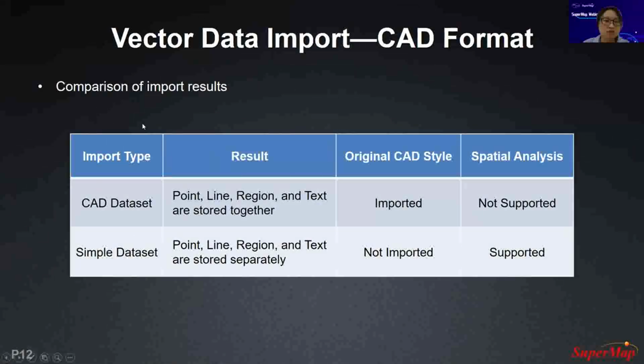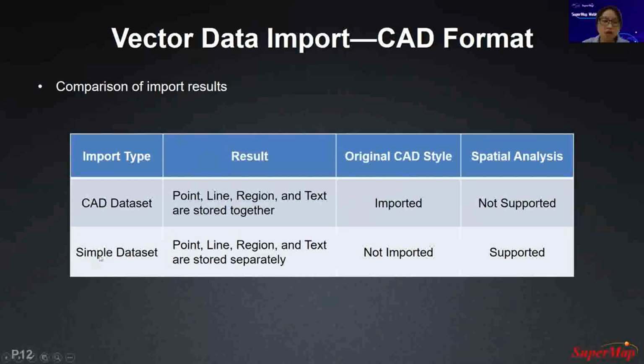Now, let's go back to our PowerPoint to see the difference of these two types. If you import as a CAD data set, the results will be that points, lines, regions, and text are stored together, and the original CAD style is imported, but it isn't supported to do any spatial analysis.